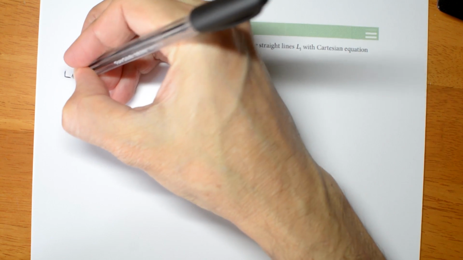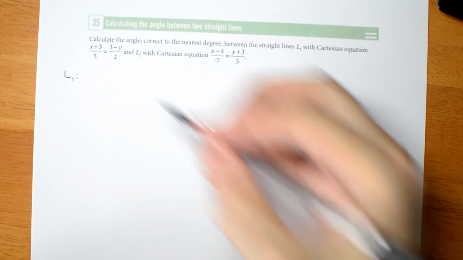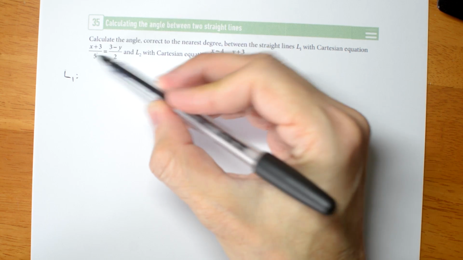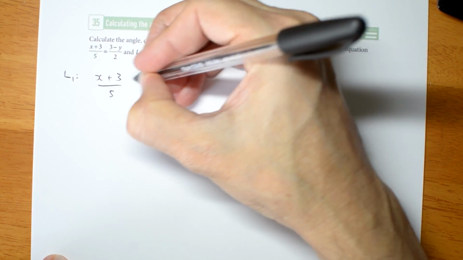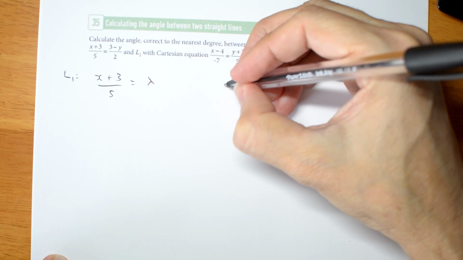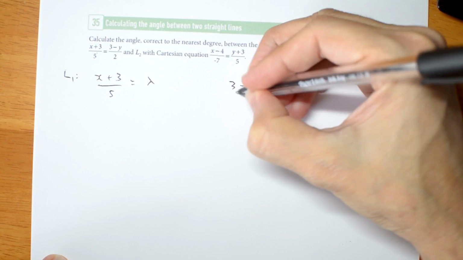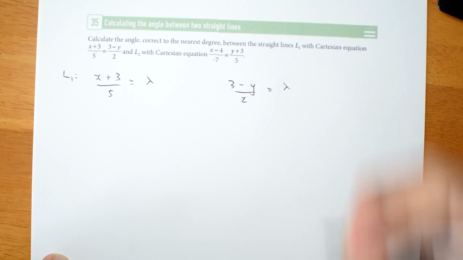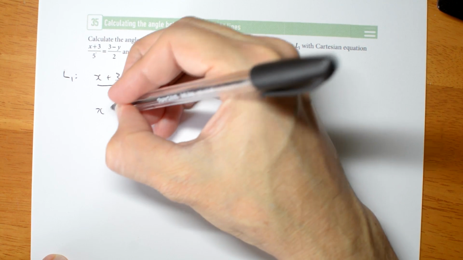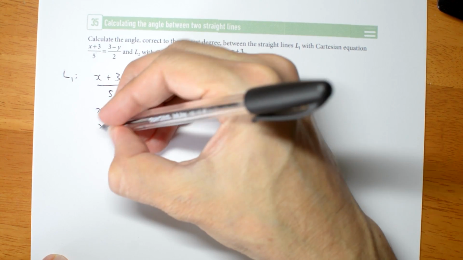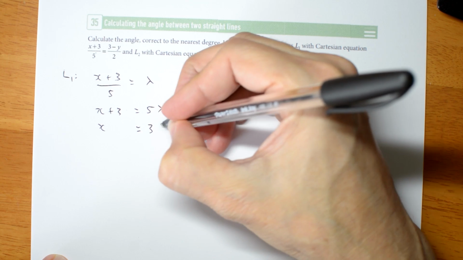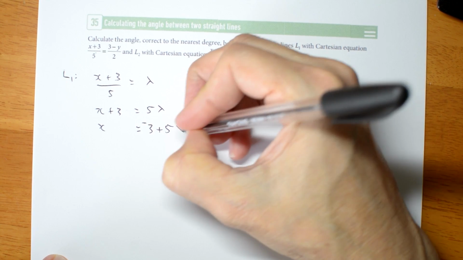So let's try L1 first. We set each of these bits equal to lambda, the parameter. x plus 3 over 5 equals lambda, and 3 minus y on 2 equals lambda. Rearrange those. x plus 3 equals 5 lambda. x is negative 3 plus 5 lambda.